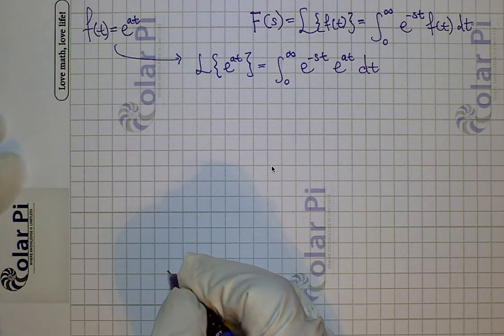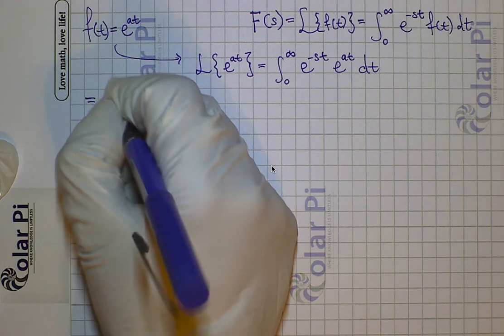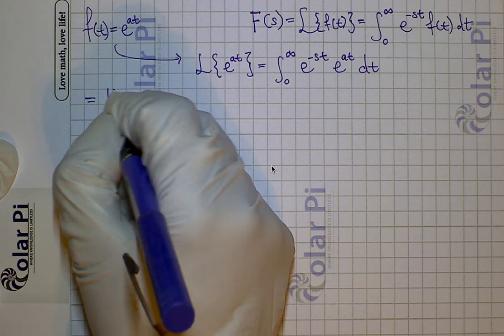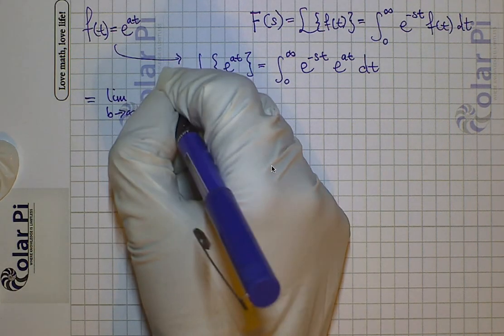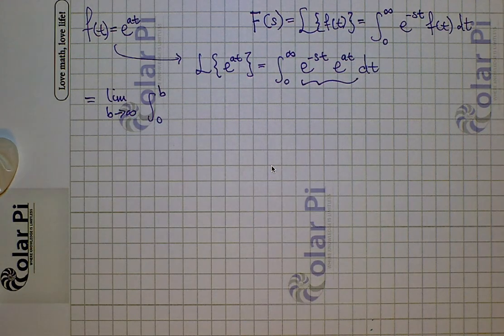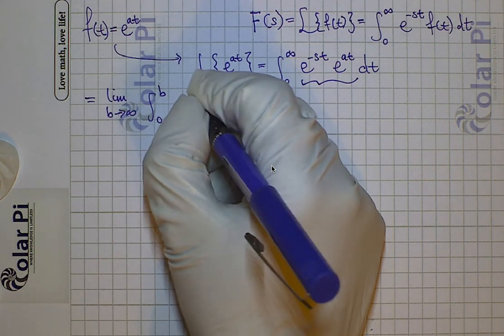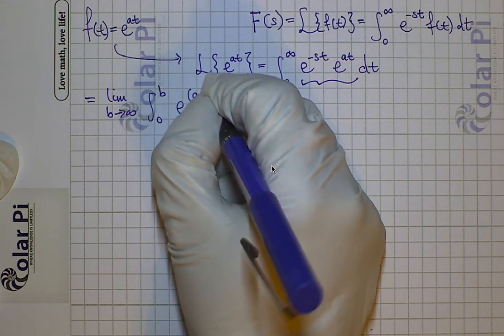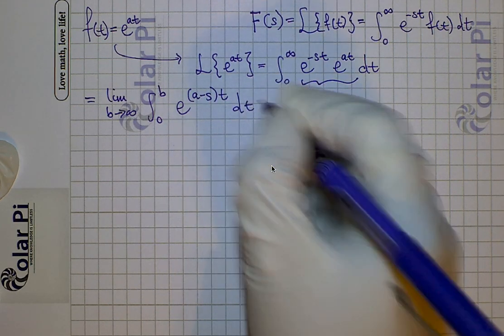Now we're going to use proper grammar on this improper integral and write limit as b goes to infinity of the integral from 0 to b. Furthermore, we're going to simplify using exponent rules and write that what we have is the same as e to the (a minus s) times t, and then dt.